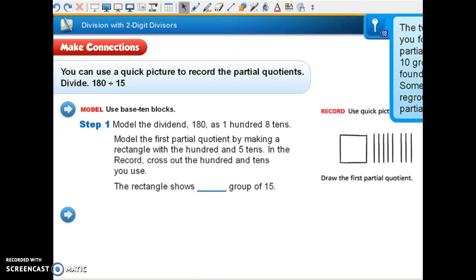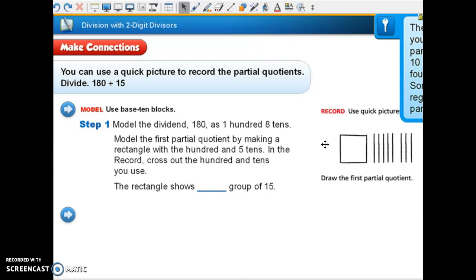You can use a quick picture to record the partial quotients. Divide 180 by 15. Model and divide 180 as 18 tens, which they have done over here. Model the first partial quotient by making a rectangle with the 10 tens. Did they already do that for you?